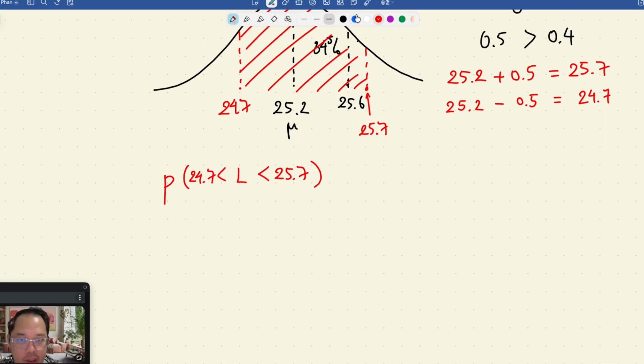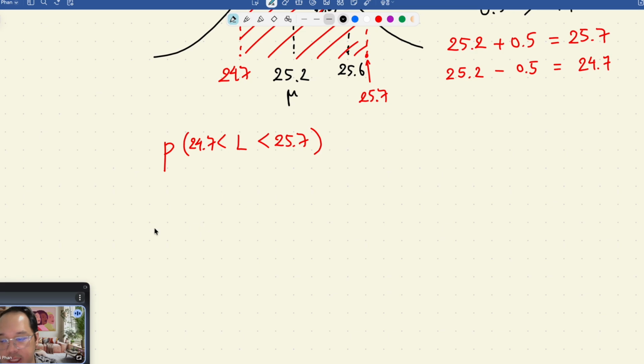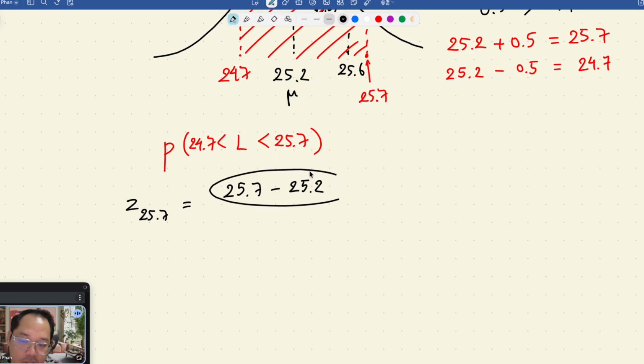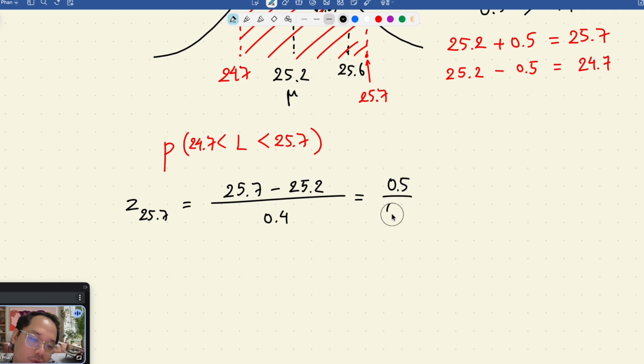So the next step, you need to calculate the two z-scores. The z-score of 25.7 is 25.7 minus the mean. Actually, it's 0.5 within the mean, but I'm writing this formula to remind you about the formula that we use to calculate the z-score. 25.2. Again, this difference is 0.5. The standard deviation at the bottom is 0.4. 0.5 over 0.4 means 1.25.